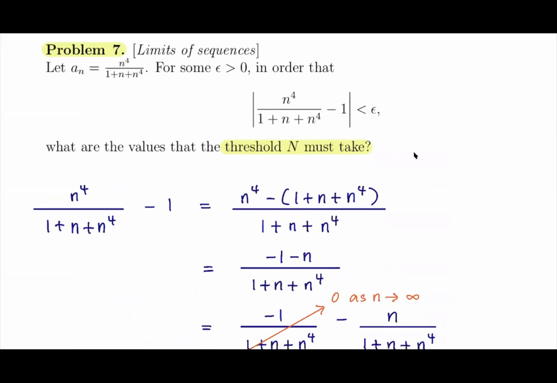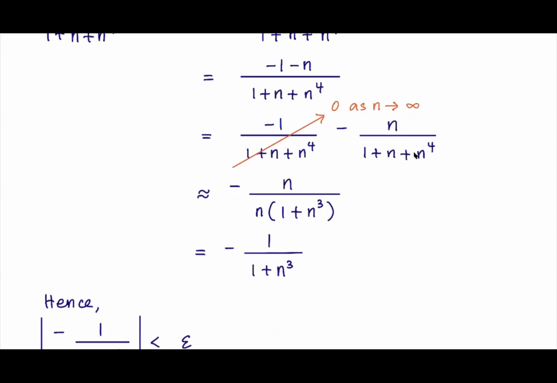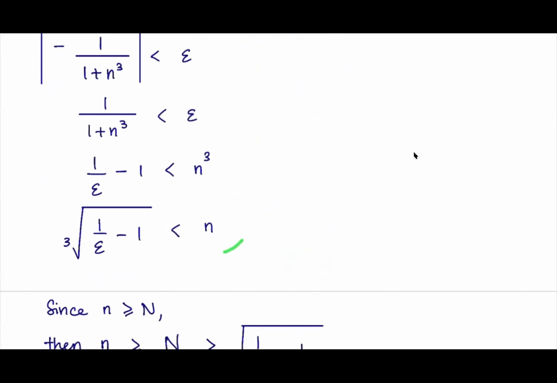Okay. For this question, let a_n equal these terms, and for some epsilon more than 0, in order that this definition holds, what are the values that the threshold N must take. So I first solve these terms, and I split the terms into two, and these terms will go to 0 as n approaches infinity. Finally, I get these terms. By the epsilon definition, we get that this is less than epsilon.